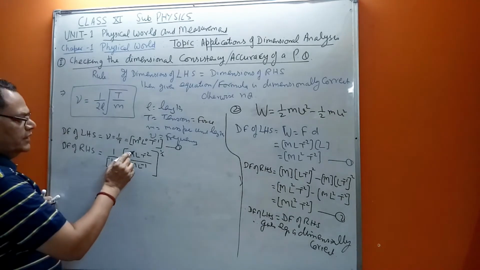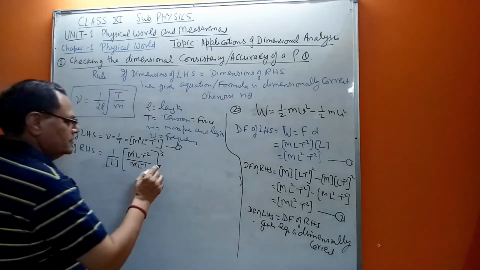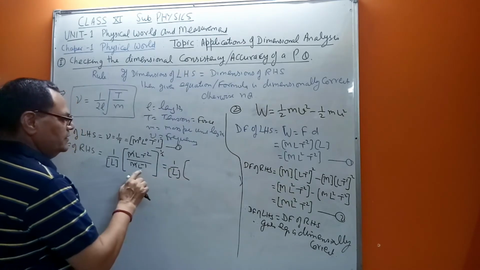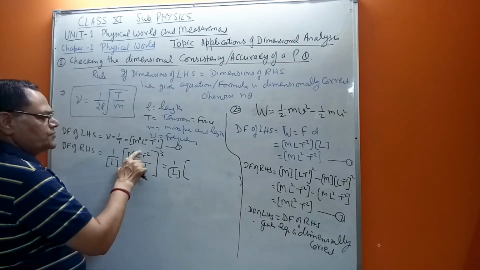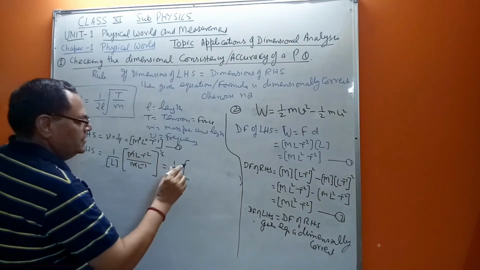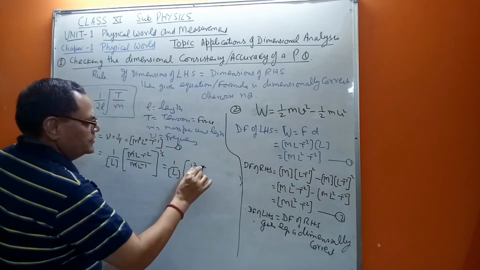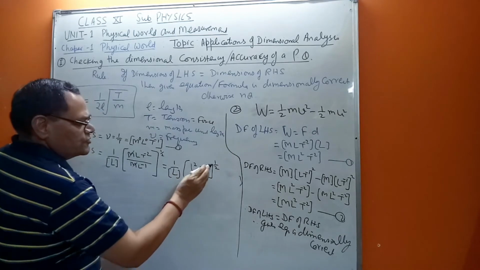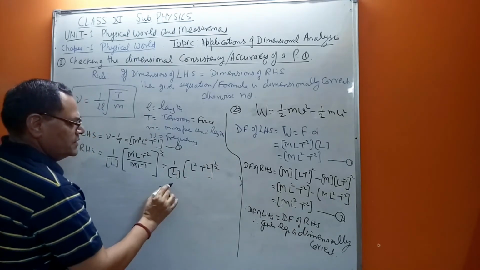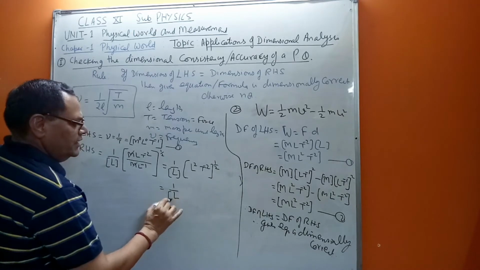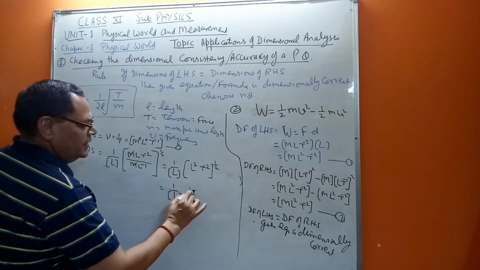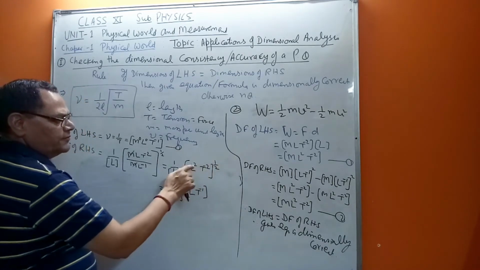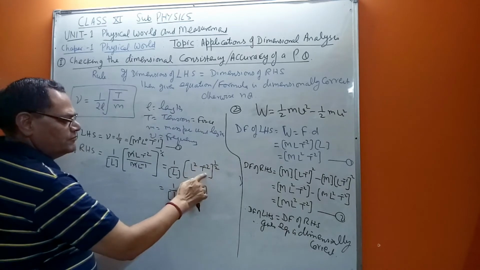So what you find here, okay, M and M get cancelled. Alright, so it is 1/L. Now this L you take up, so it becomes positive. One positive is already there. So therefore it is L square T minus 2 raised to the power half. Because power is half, finally you will see it is 1/L, and it will become LT minus 1, because half comes here, so 2 becomes 1, and minus 2 becomes minus 1.